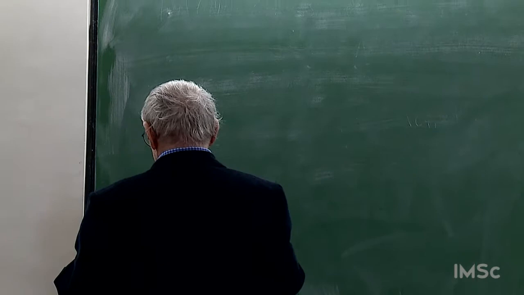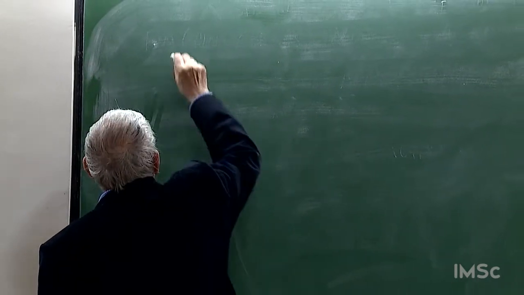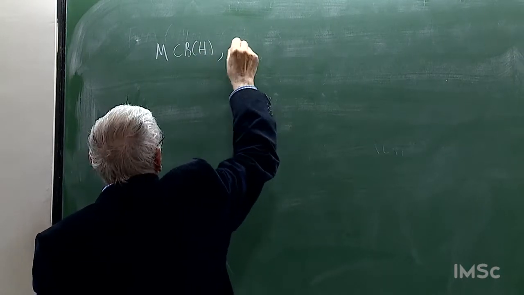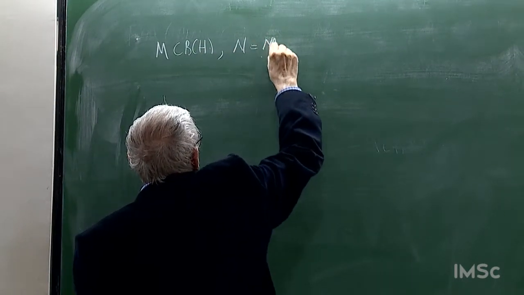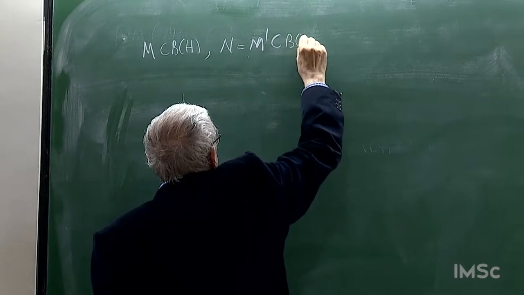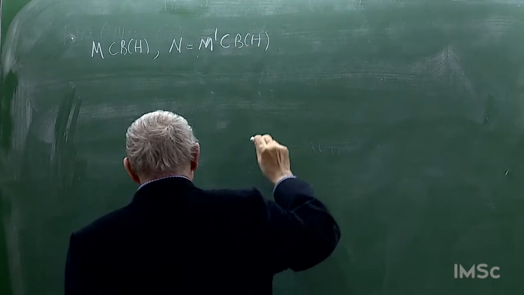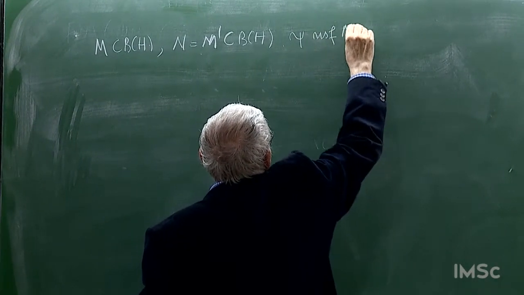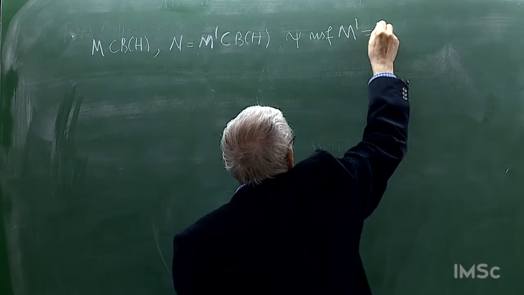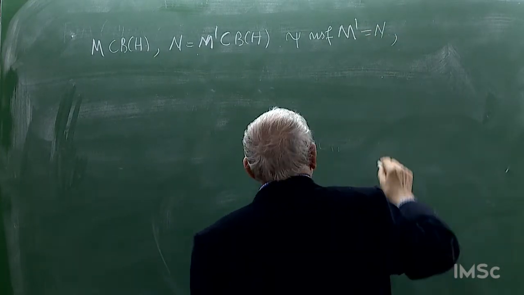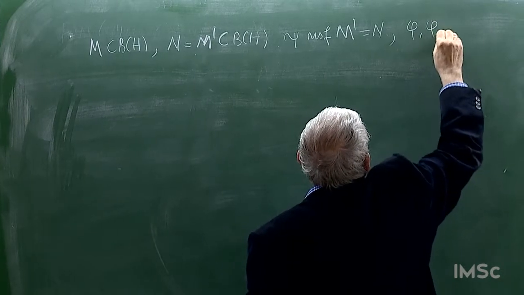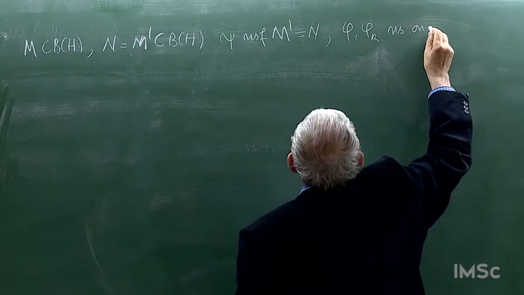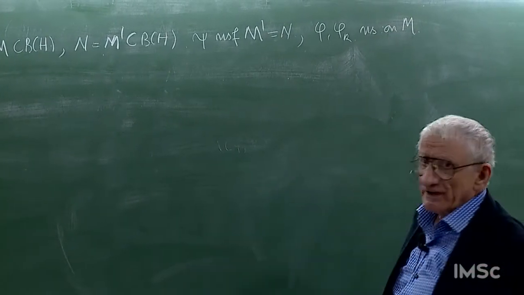You have the same situation, M in B of H. You have N is M prime in B of H. You have psi, an NSF weight on M prime, on N prime, and you have phi and phi sub k, normal semi-finite weights on M.